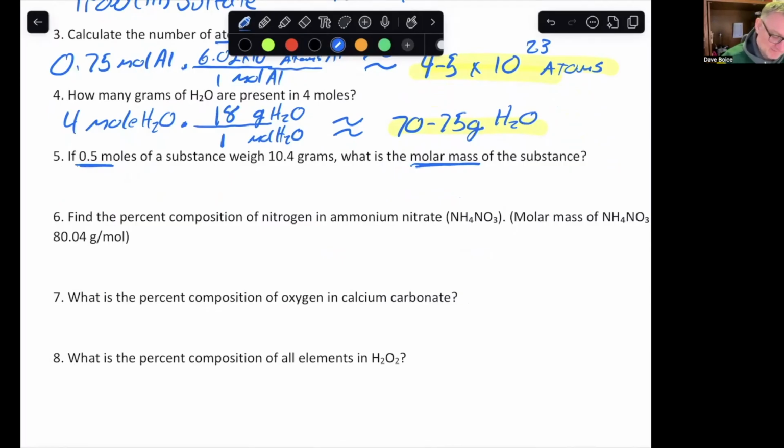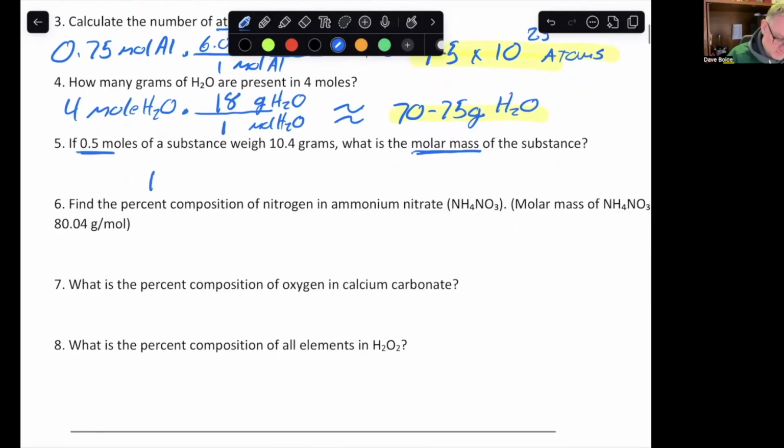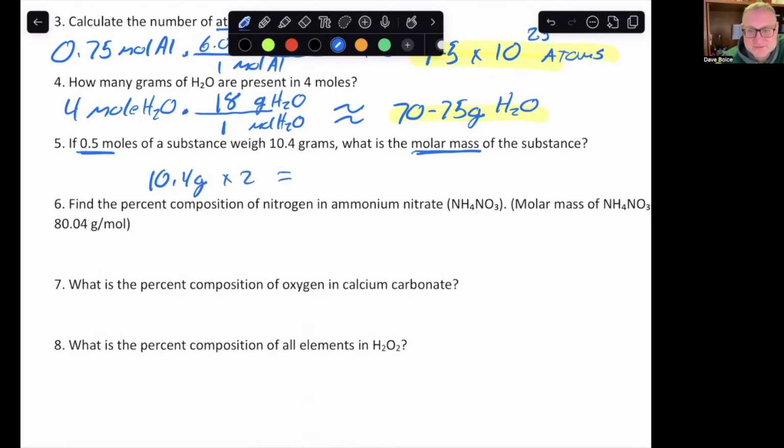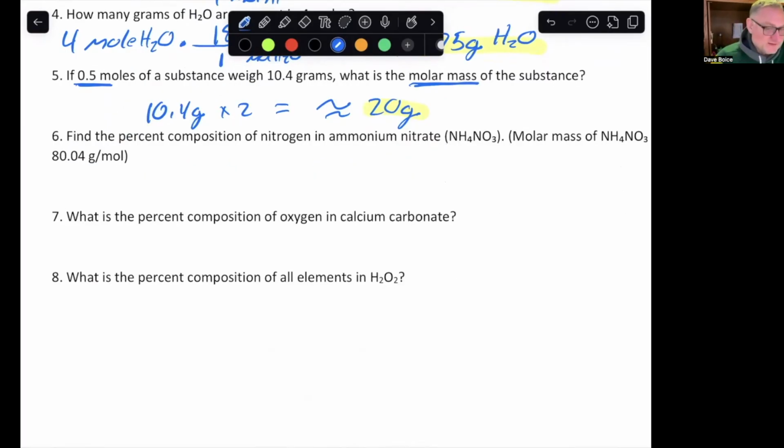Well, twice that. So 10.4 grams times 2 equals right about 20 grams.